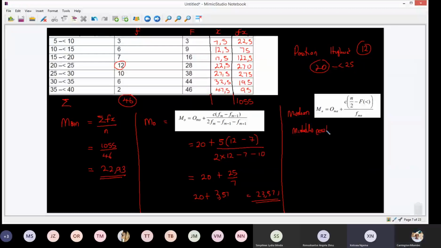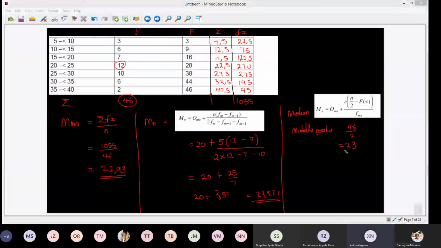It's 23. Right, yes, then the interval will be at 20 to 25. That's correct. It will be between 20 to 25.